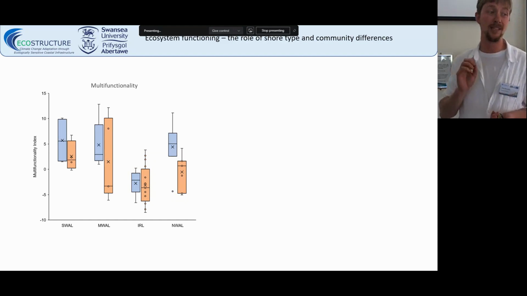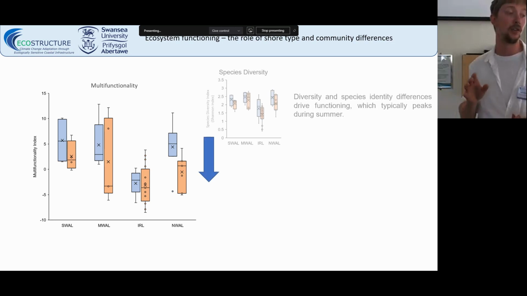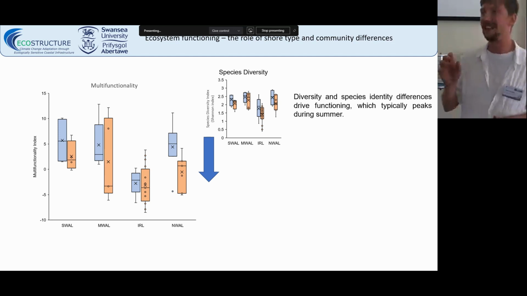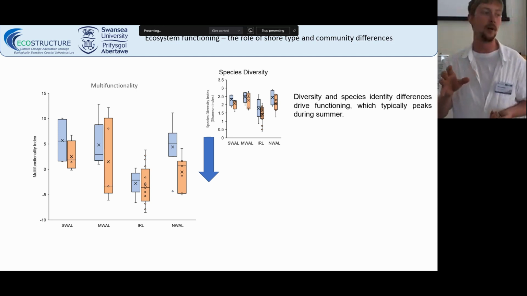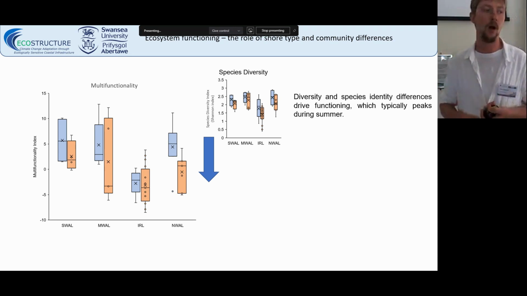Importantly, multifunctionality is particularly sensitive to changes in biodiversity because of increasing functional trait diversity and expressions, with functionality likely to be highest during the summer months when most species abundances are at their highest. There's more diversity and more biomass around.